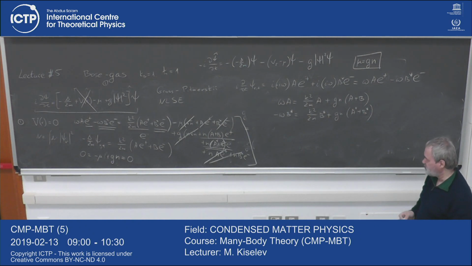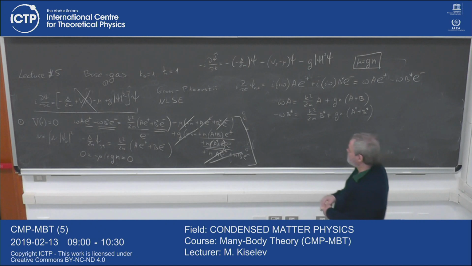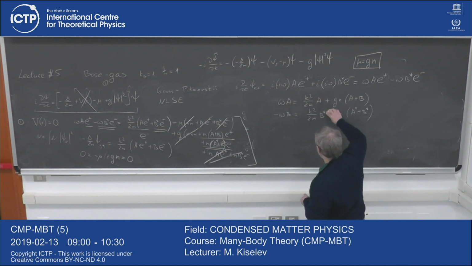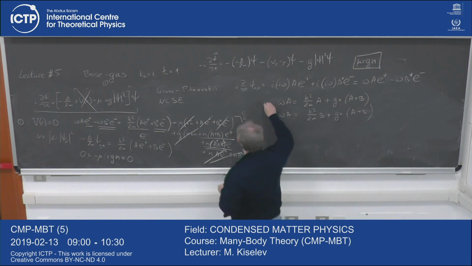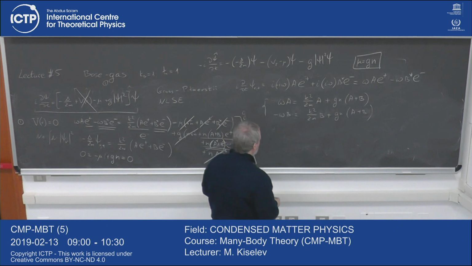Okay? With this equation, with your permission, since I'm going to solve two linear equations in terms of a and b and find the condition, I will take a complex conjugation. So I will delete the star here. And this is a system of two linear equations.